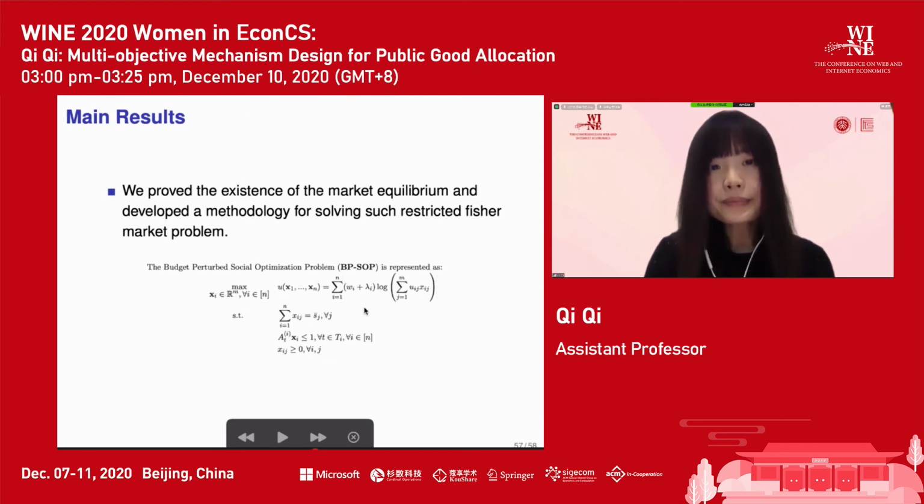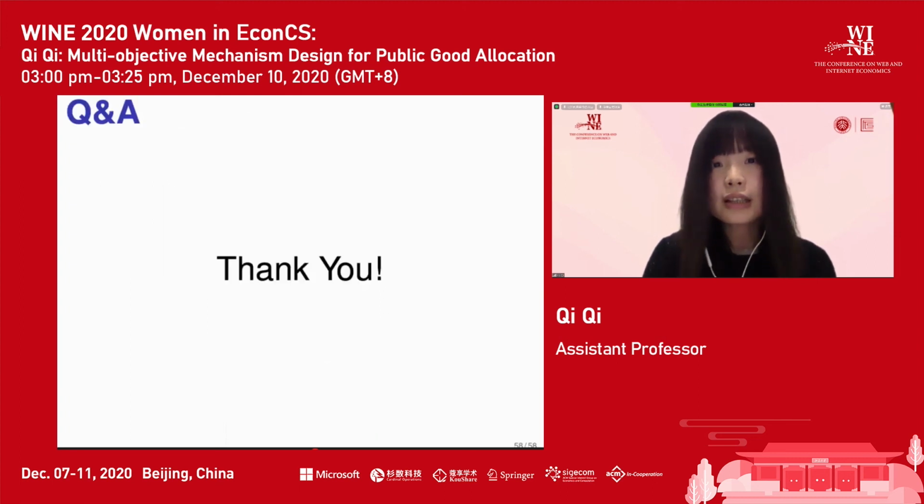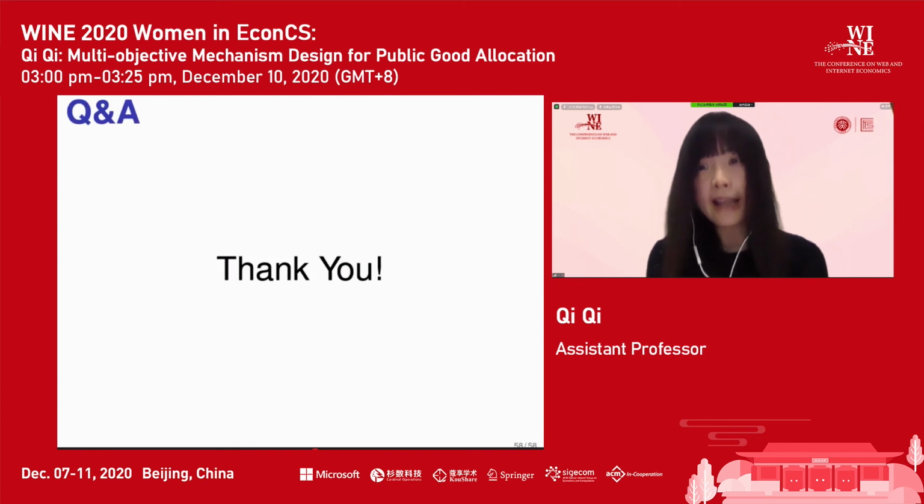But luckily, we can still prove the existence of the market equilibrium, and we can still develop a methodology for solving such a restricted Fisher market problem. If you're interested in this work, my coauthor's paper has just been accepted, and she will give a talk on it. Because of time, I think I will end here. I'm happy to take any questions.